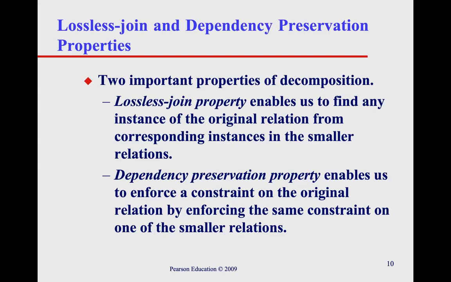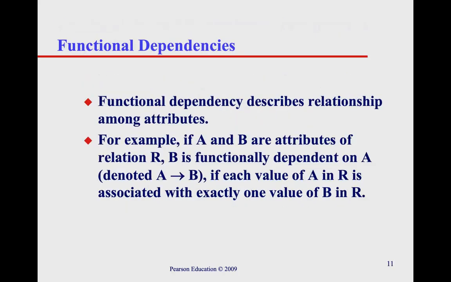So a dependency is like a constraint. For example, branch number determines this branch address. So we want to ensure that any such dependency gets preserved when we decompose the relation. Okay, so that's what normalization is trying to accomplish.